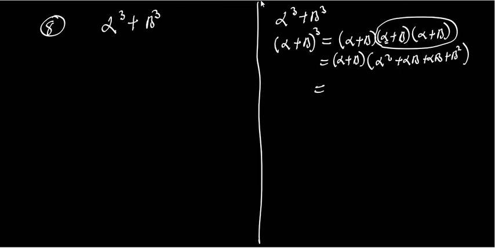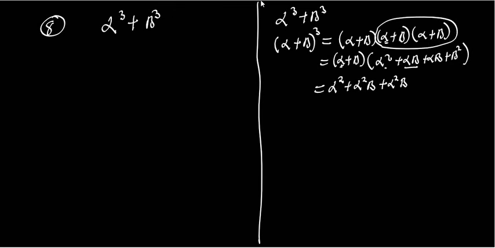What I'll do next, I'll multiply alpha with everything on this side. Alpha times alpha squared is alpha cubed, right? Alpha times alpha beta is alpha squared beta. Alpha times beta squared is alpha beta squared.